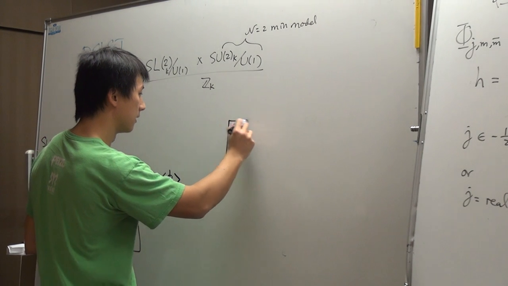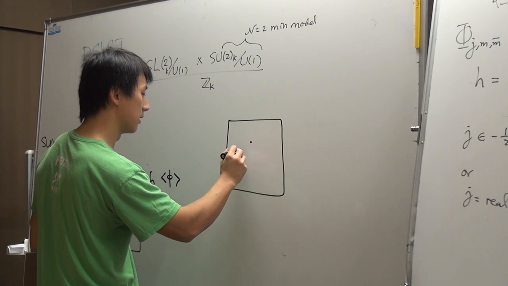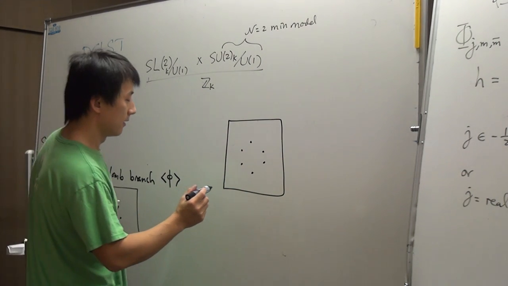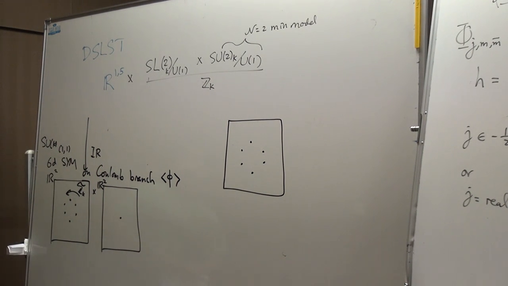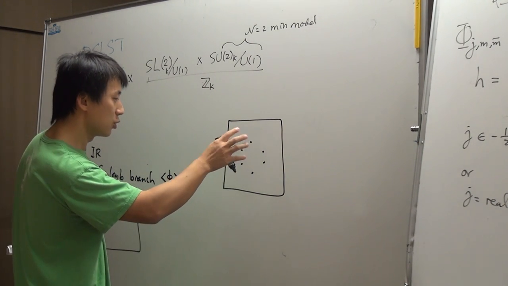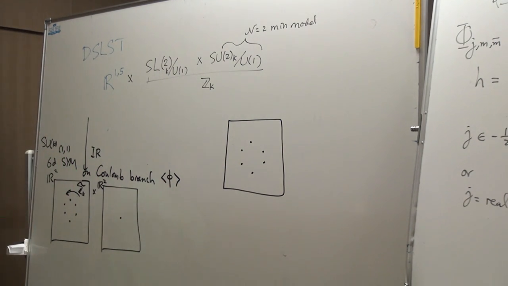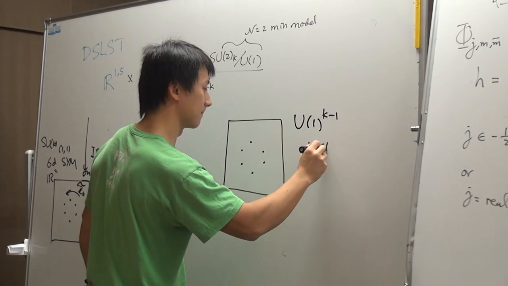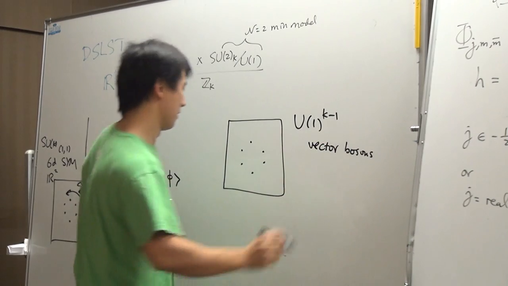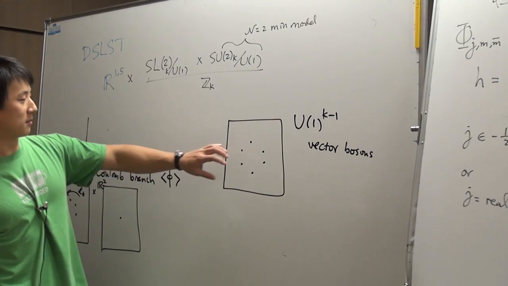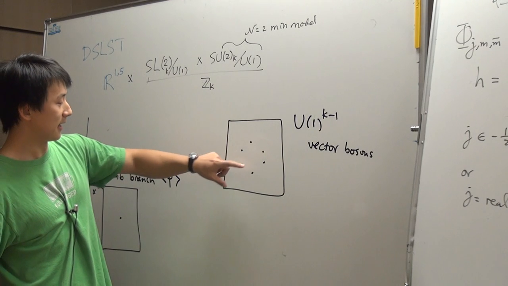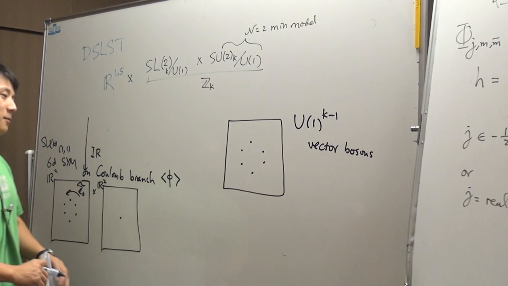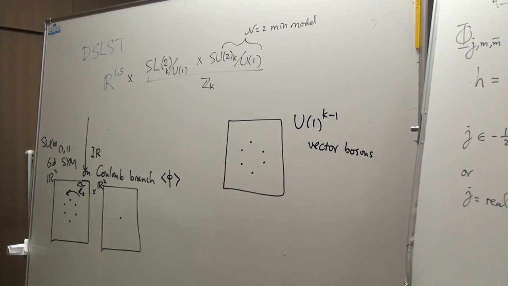If you look at the scalars, there are these modes that, if you look at gauge bosons, then there are these U(1)^(k-1) vector bosons, which come from sort of some linear combination of the abelian vector bosons on each of these fibrils in the type IIB string theory.